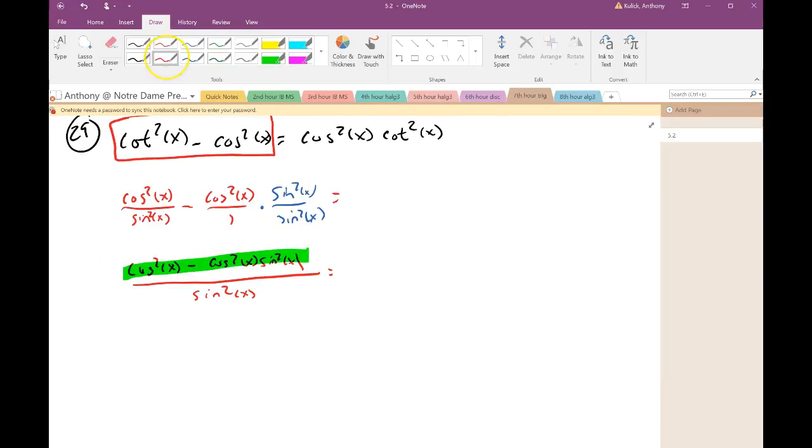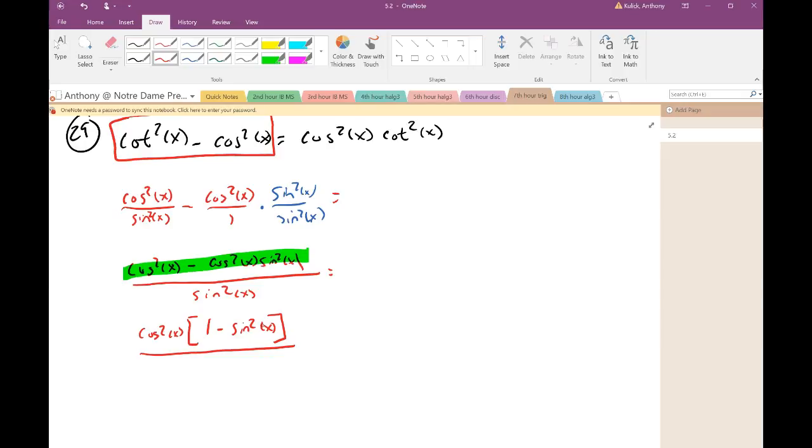So I notice in the numerator I have a... oh, man, that would have been easier. I'll point it out in a second. I just made a common denominator, so I could subtract the two fractions.